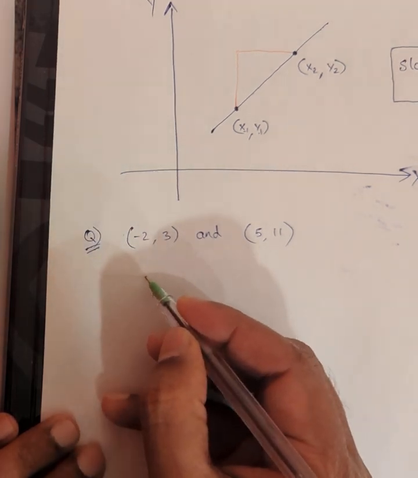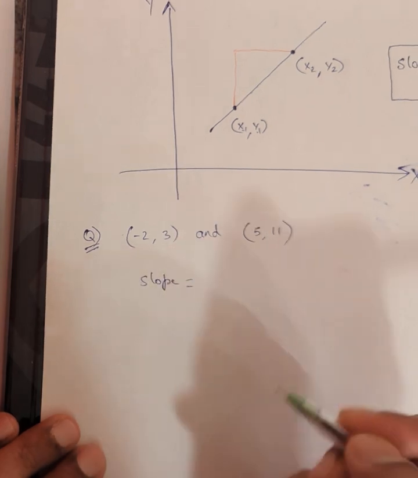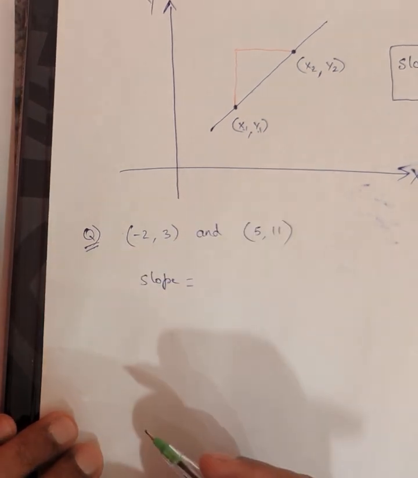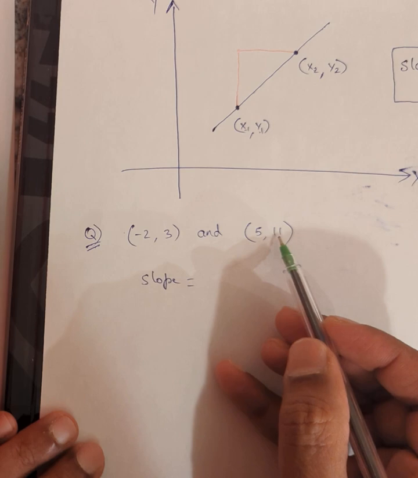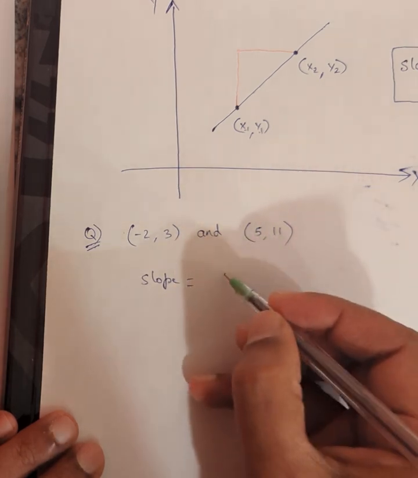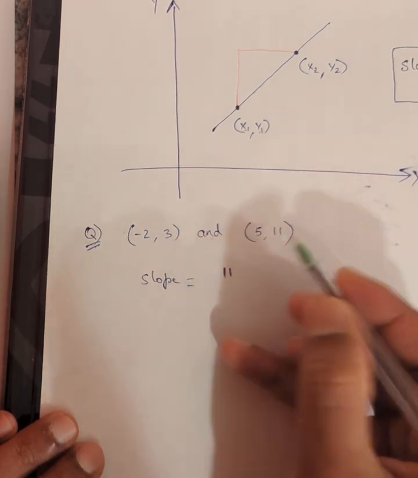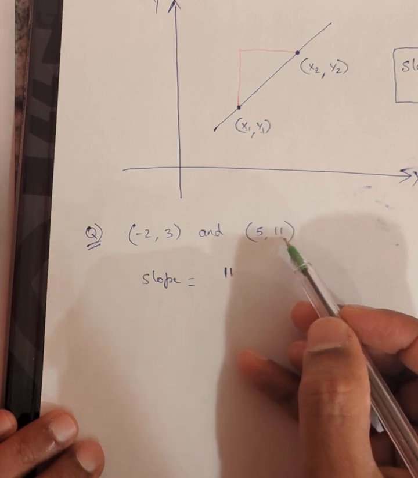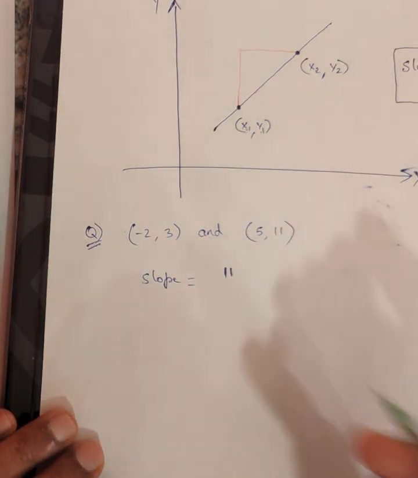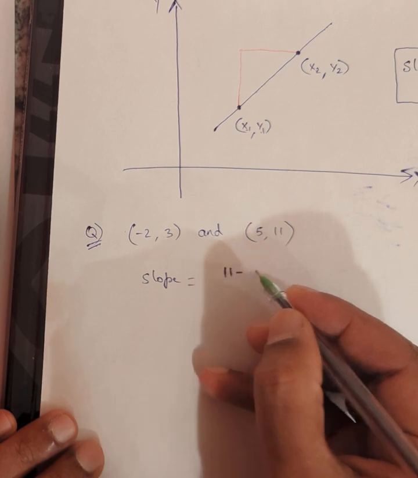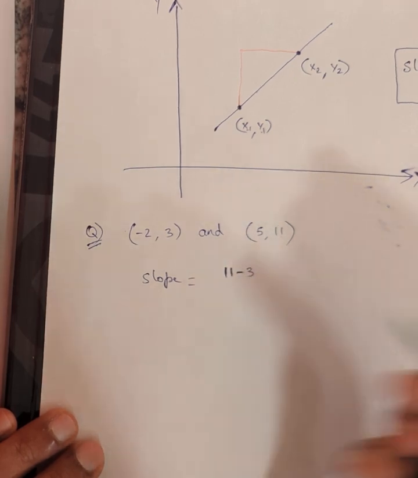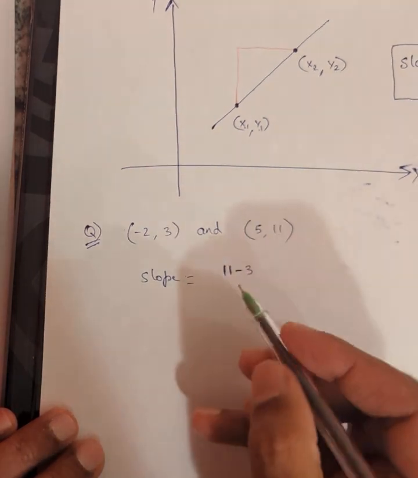To find the slope, I need to take the difference of the y coordinates. So if I'm taking 11 minus 3, because 11 is the later y coordinate, 3 was the first y coordinate. So y2 minus y1, or the rise, it's going from 3 to 11.